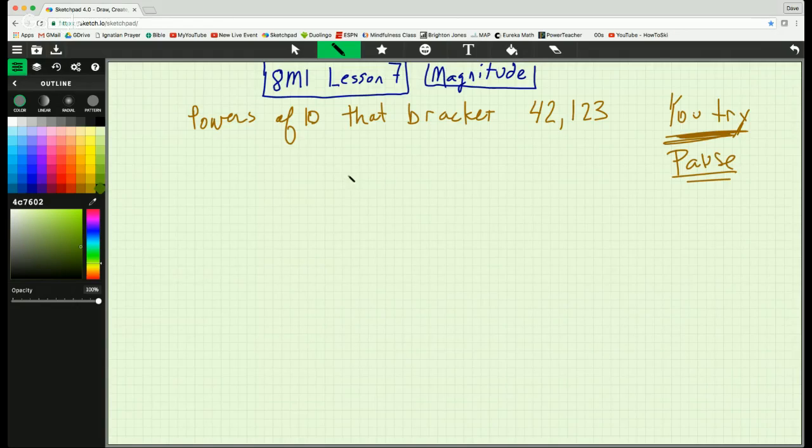We're going to say, well, 42,123. And we're going to find the number that's just bigger. Is it going to be 10,000? It's going to have these zeros here, but it's not going to be 10,000 because that's not bigger. 42,000 is bigger than 10,000 because it has a bigger number in the 10,000s place.